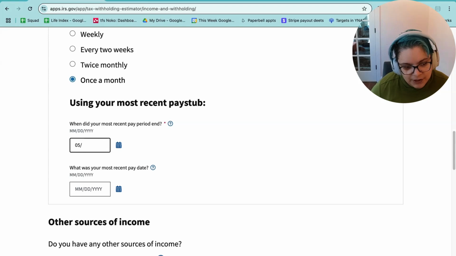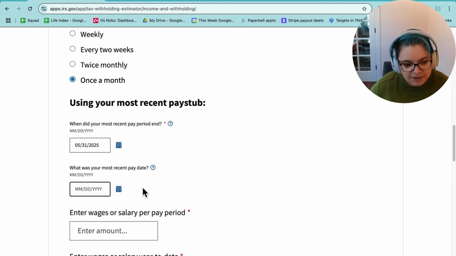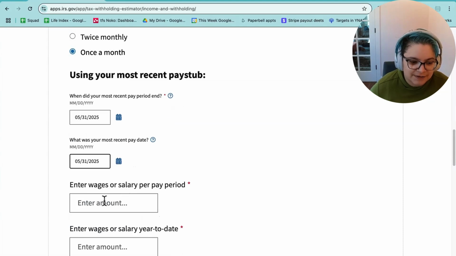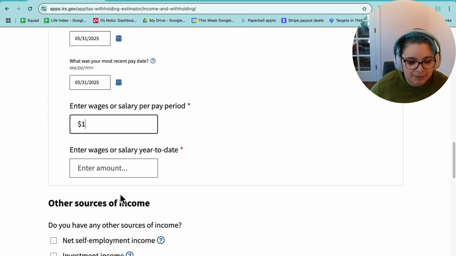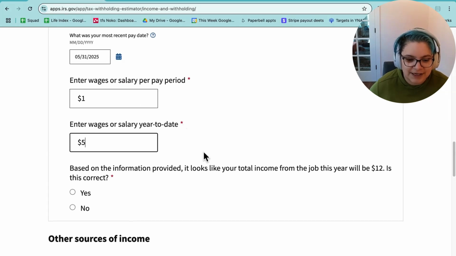So in my case, I'm recording in June. So we're going to say it was the end of last month and that you got paid on the last day of your pay period, that you get paid $1 per pay period, and you're going to use the number of months that have finished in this year. So I'm recording in June, so there are 5 complete months. I'm going to say there were 5 year to date.